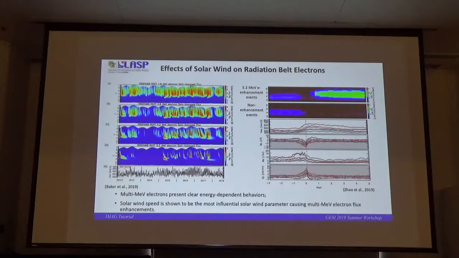We can see across these different solar wind parameters, the biggest difference exists in the solar wind speed, which is much higher during the enhancement events compared to the non-enhancement events. And even though I did not show it here, these differences are even larger when we go to the higher energy electron enhancement events. So this study suggests that solar wind speed is the most influential solar wind parameter affecting multi-MeV electron flux enhancement.